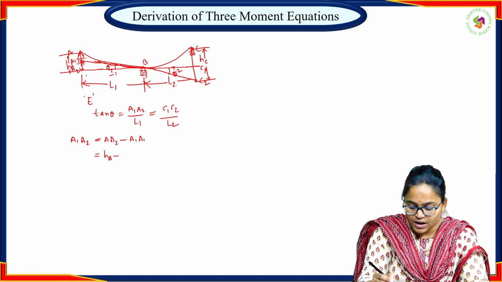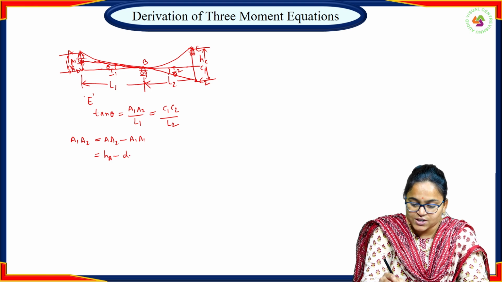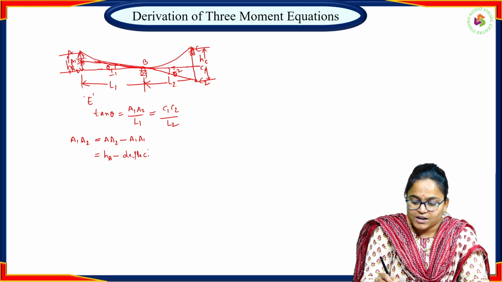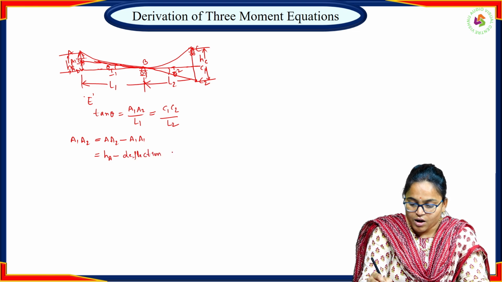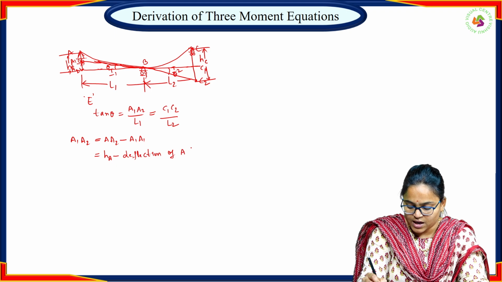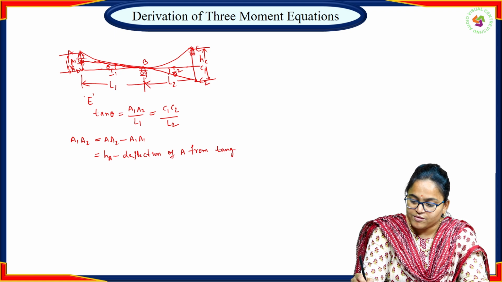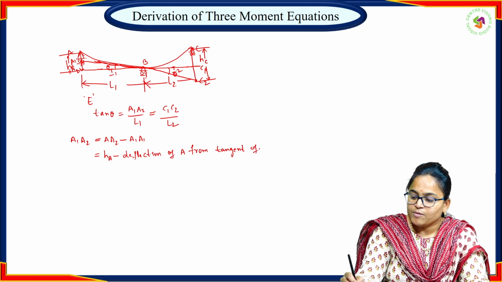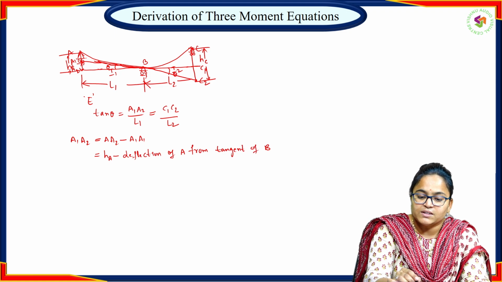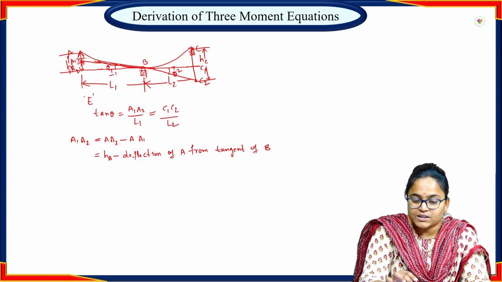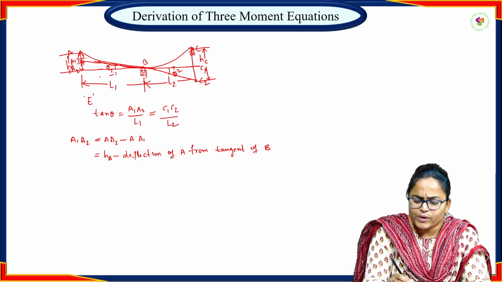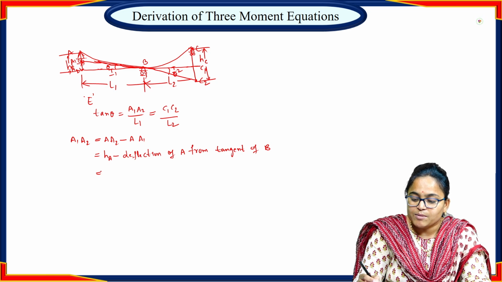So A1 A2 is the deflection of A from the tangent of B. This A1 A2 is the deflection of support A with respect to B. Now we can find this by using the M by EI diagram.